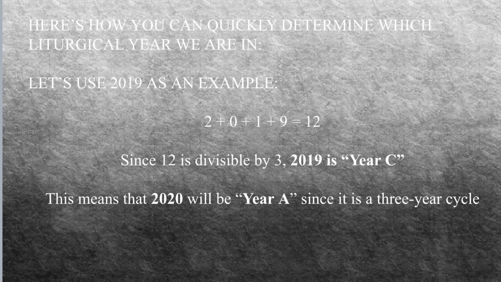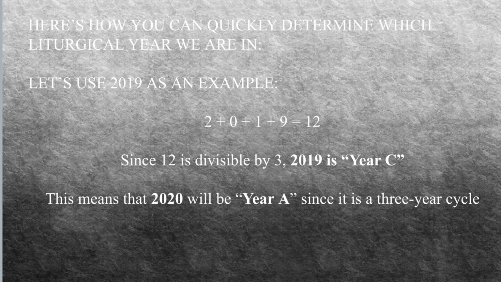A quick way, if you don't know what cycle we are in, is to take the year we're in and add up all those digits and see if it's divisible by 3. So let's use 2019 as an example. Take the 2 plus the 0 plus the 1 plus the 9 equals 12. Divide by 3 comes to 4.